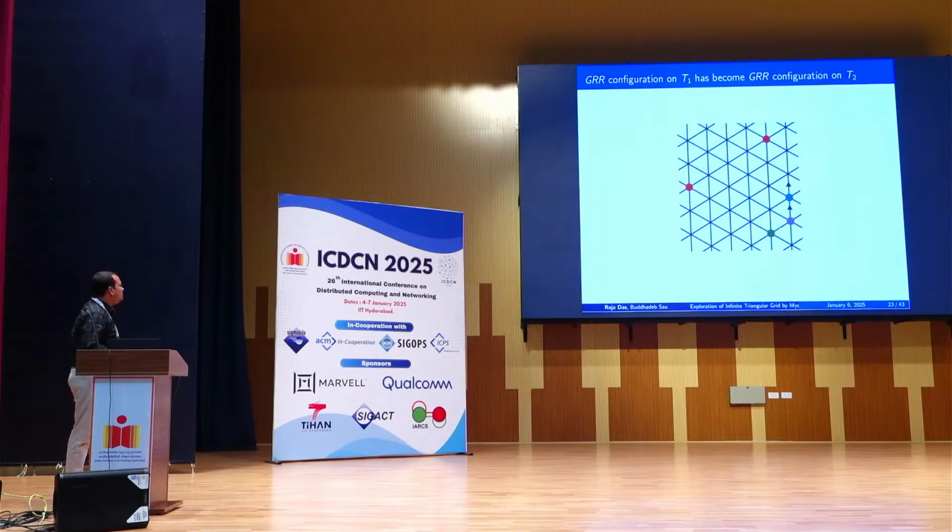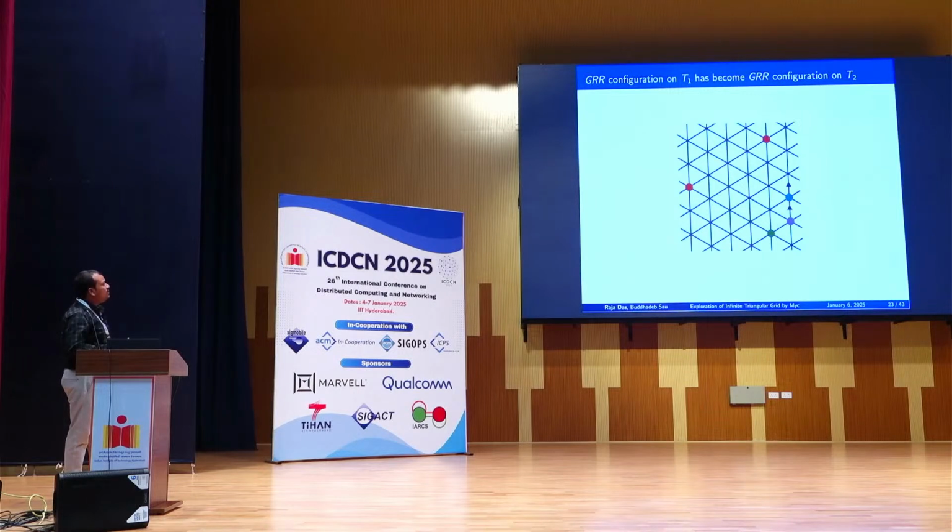So this configuration is the GRR configuration on T2. Basically, the red robots and green robot act as landmarks, and the blue and violet robots explore the triangles.